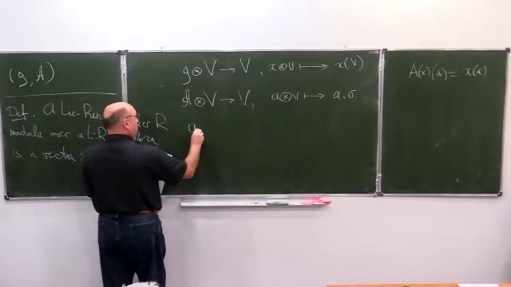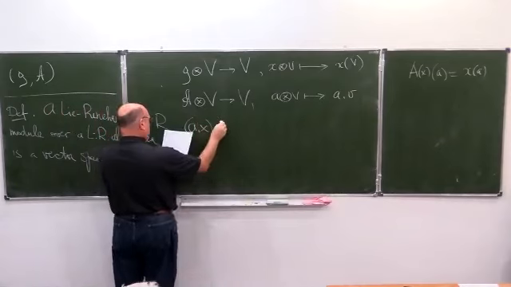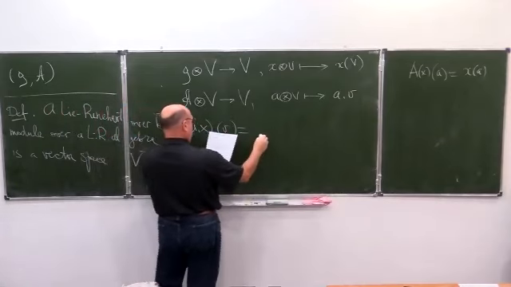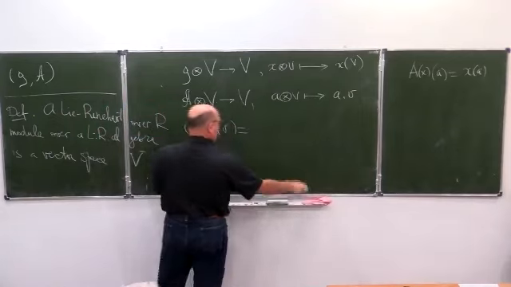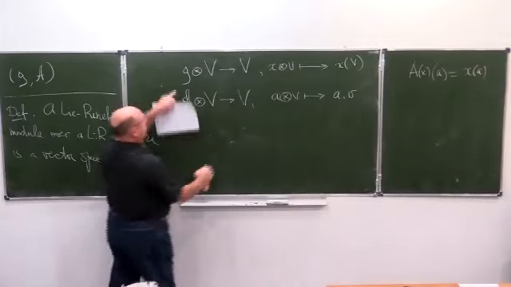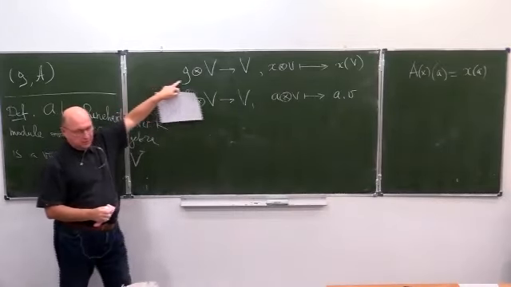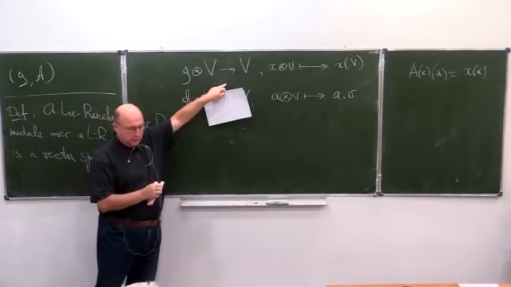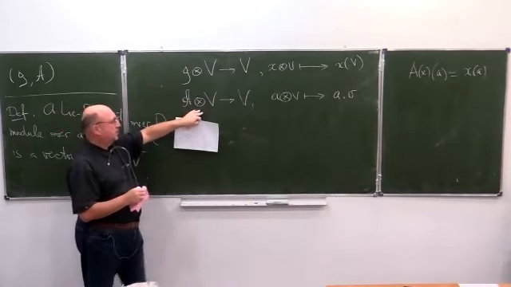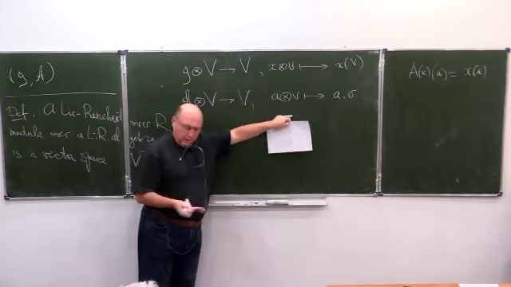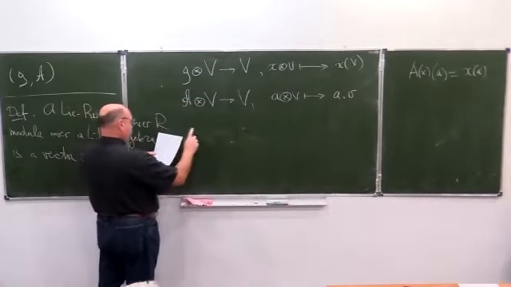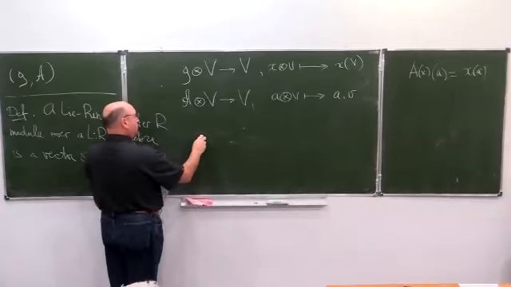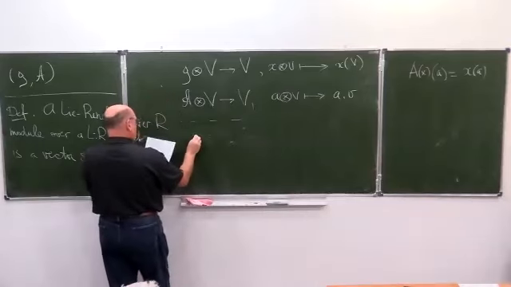The first map makes the space into a Lie algebra module. The second map makes it an A module, a module over the commutative algebra A. Additionally, two conditions hold.